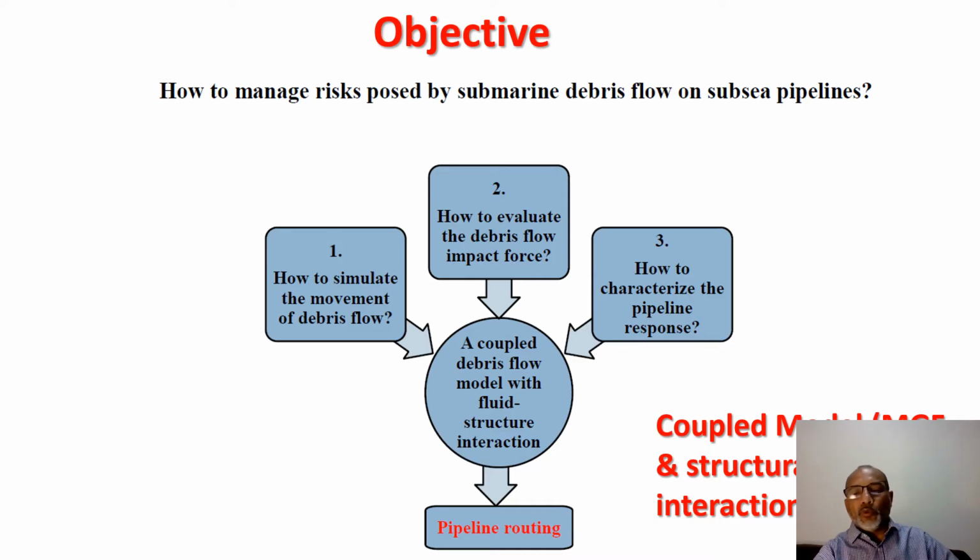There are a lot of questions to address: how to simulate the movement of debris flow, how to evaluate the impact force, and how to characterize the pipeline response. To address some of these questions, we developed a coupled numerical model, which I'm going to present today.